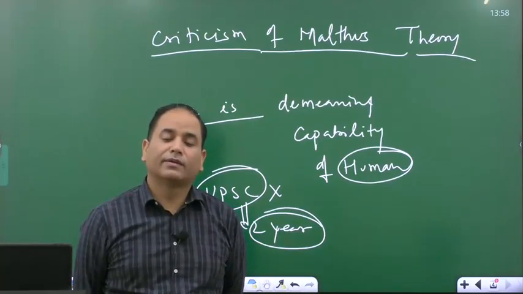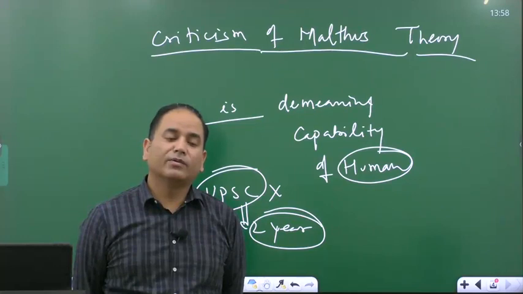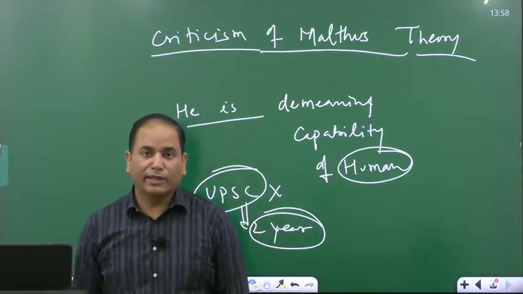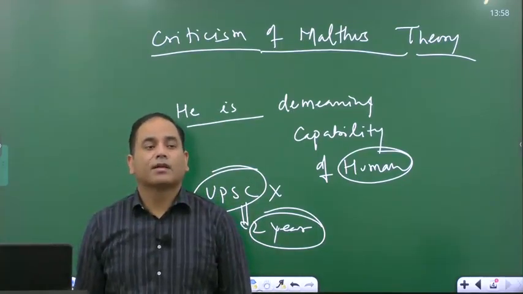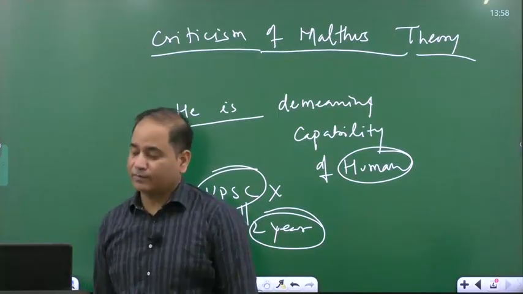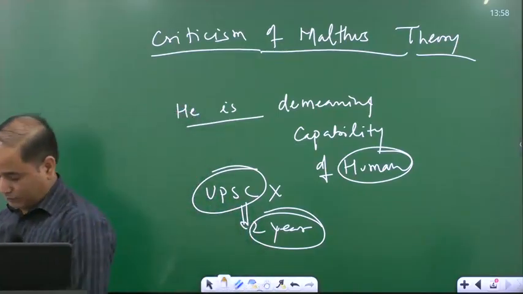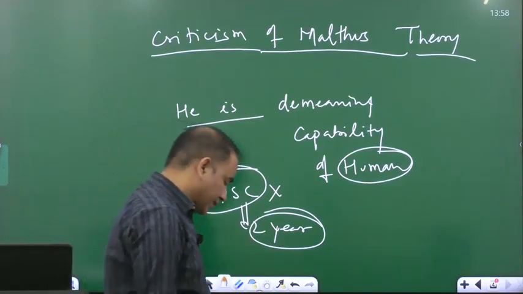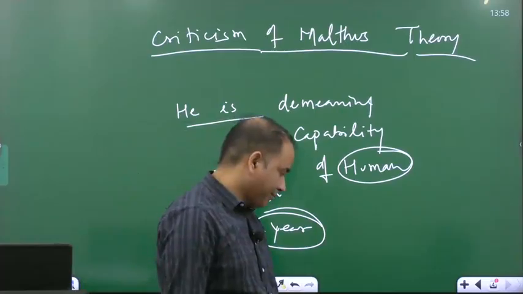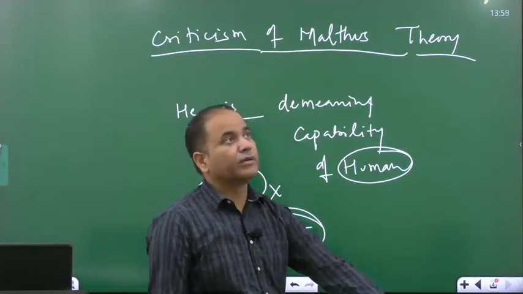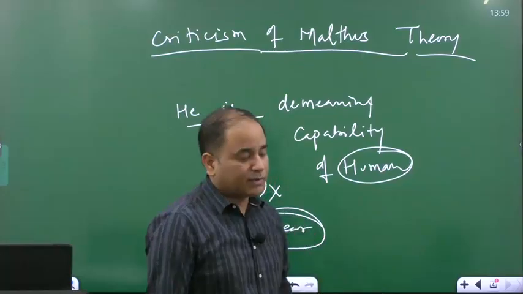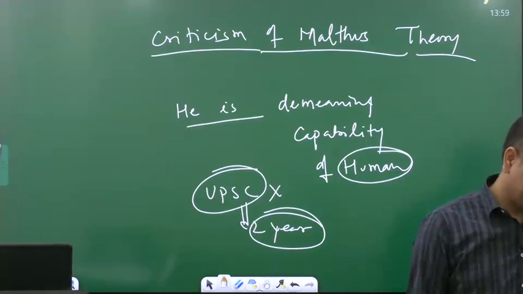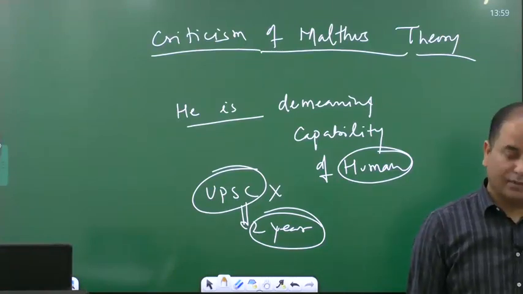Full stop, and you can write: the Green Revolution in India and the Industrial Revolution in Europe have disproved the idea of Malthus.